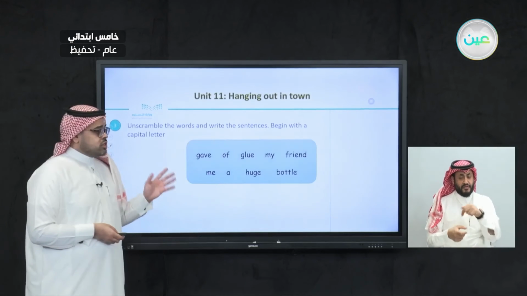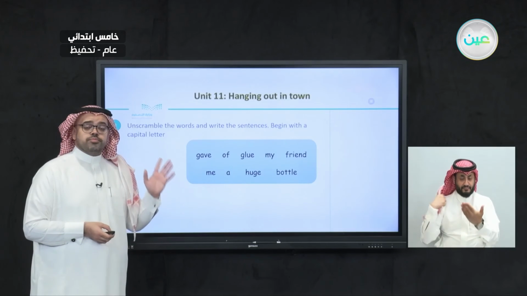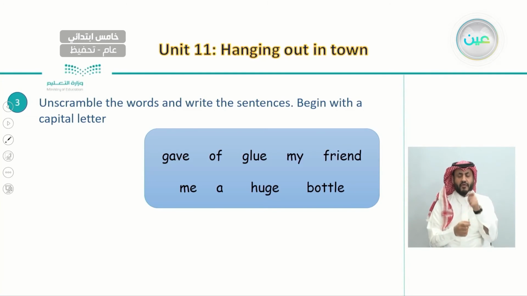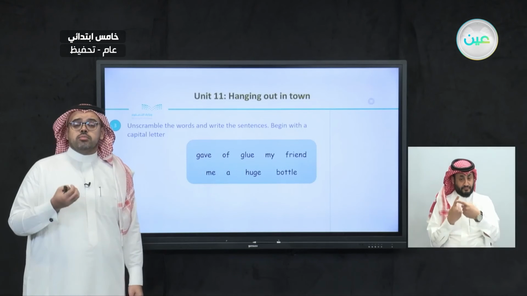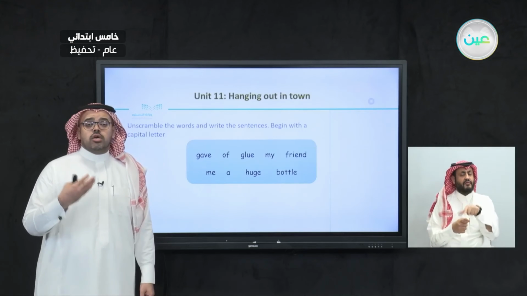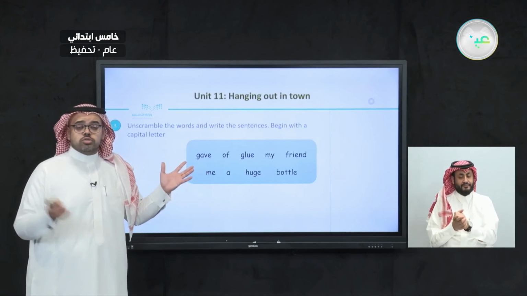Now, let's try to unscramble the second one. Here we have gave, of, glue, my friend, me, a huge bottle. As I said, we usually start the sentence with a name of a person or a subject: me, you, he or she.